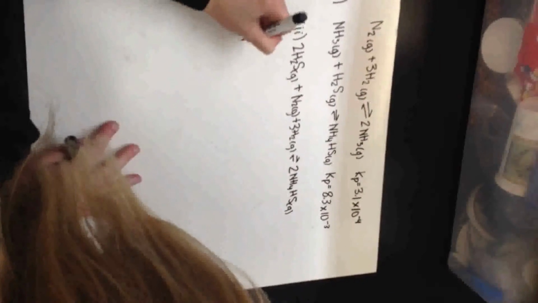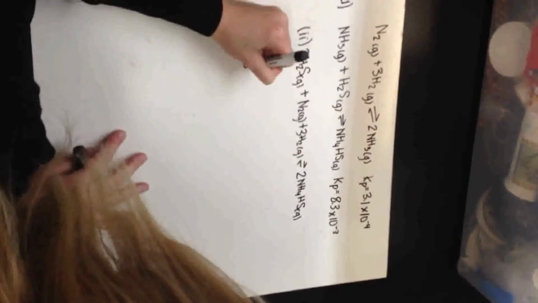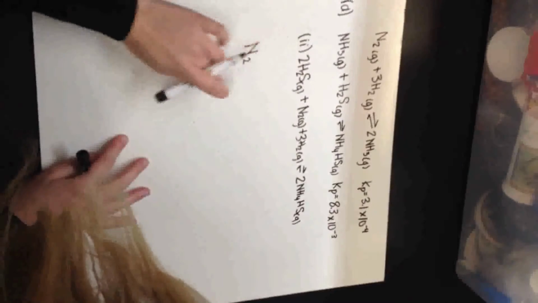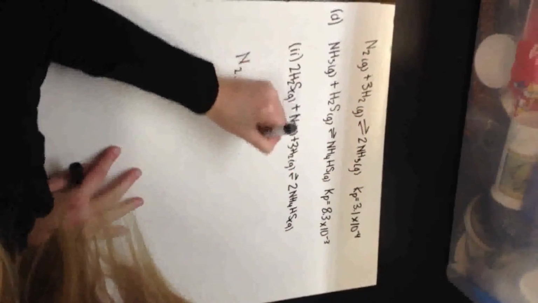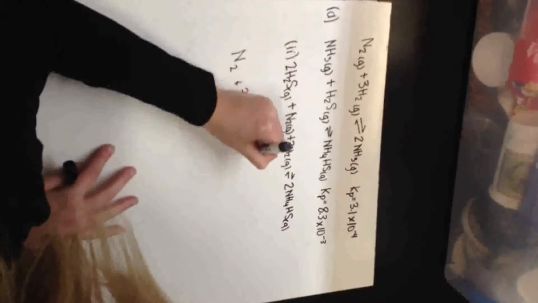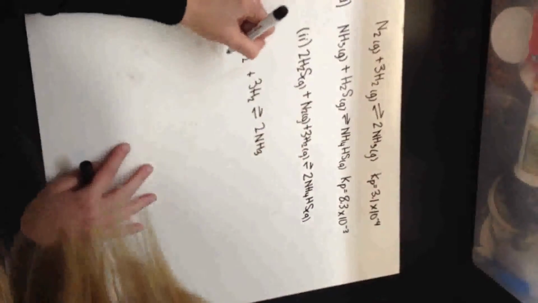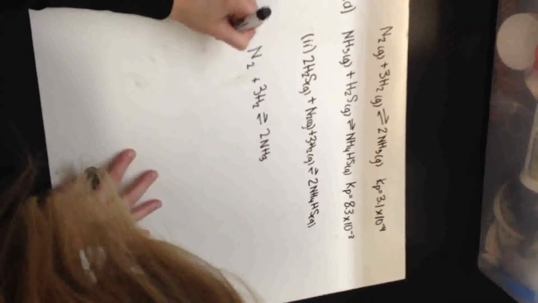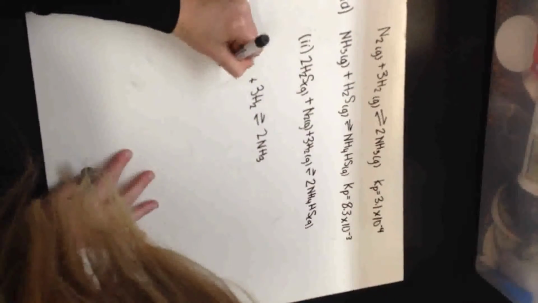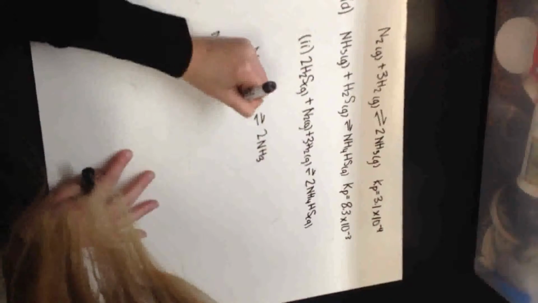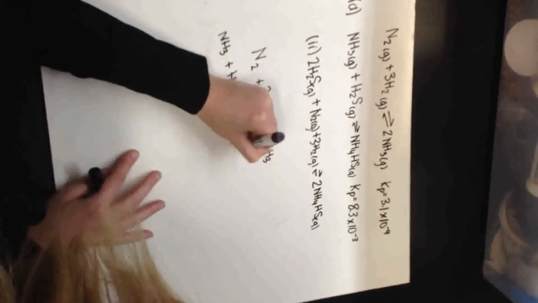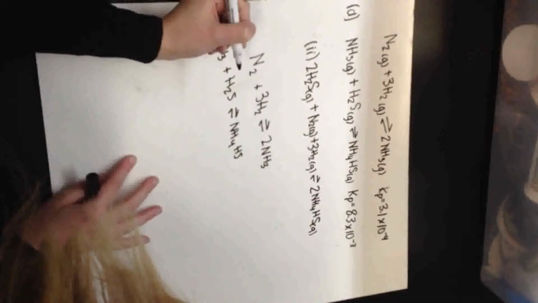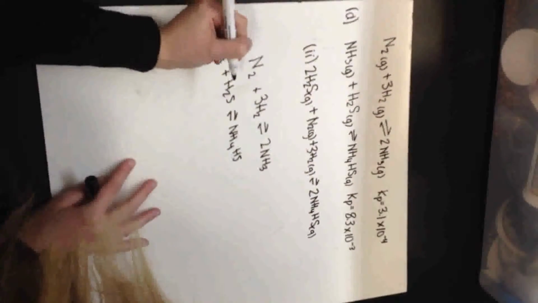So, you would do N2, they're all gases, plus 3H2 makes 2NH3, and NH3 plus H2S makes NH4HS. Is that right? Yeah, okay.